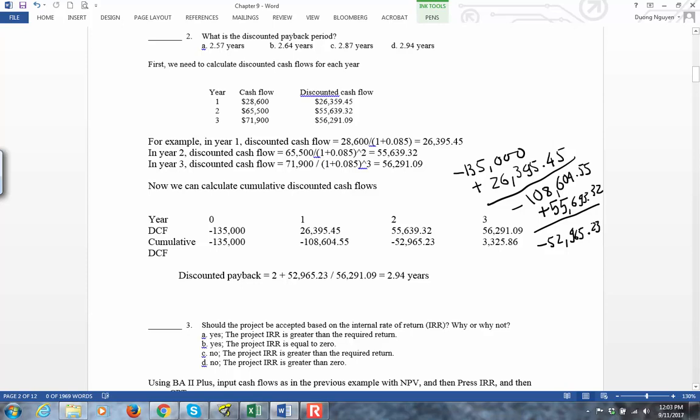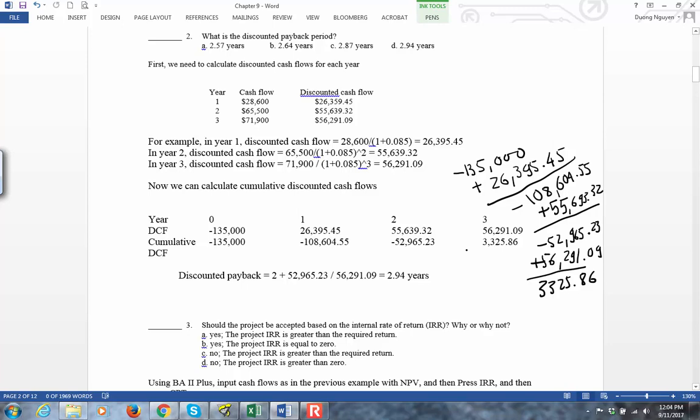Okay, and then you made an amount equal to 56,291 at the end of year 3. So you put it in here, 56,291.09. So at the end of year 3, you make a profit of 3,325.86. Okay.